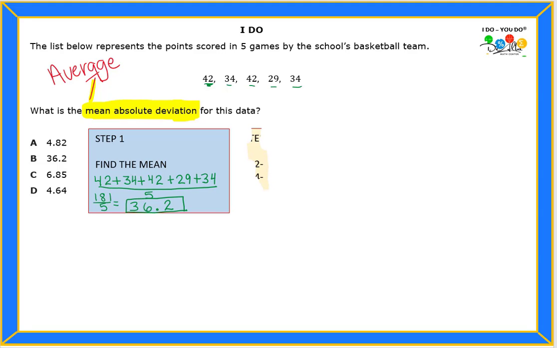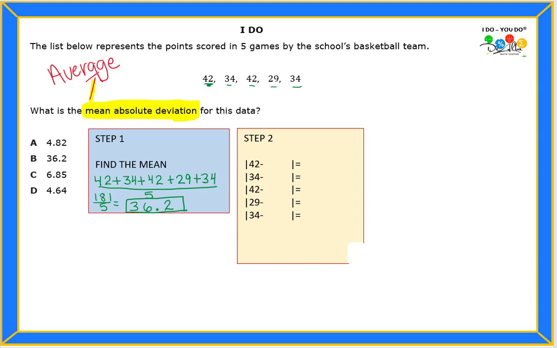So if you want to pause the video while you copy this down, because this might take a little bit more time, okay? This one is my step 2. Okay, so are we ready for step 2? Notice how every single one of the numbers that I'm going to subtract, they have these lines. Do you see these lines right here?